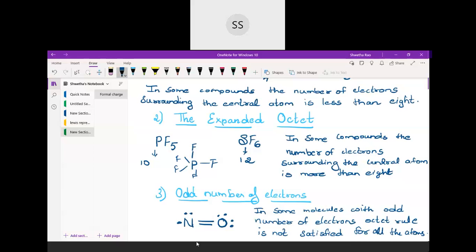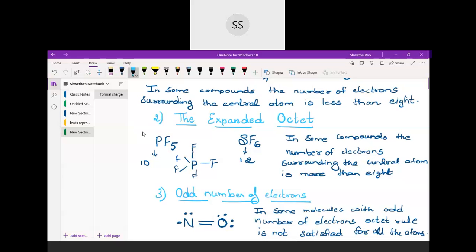Nitrogen was supposed to have 8 electrons in its outermost shell, but when we write this particular structure, we see that there are only 7 electrons. They don't have 8 electrons. And even with the Lewis representation, you can't draw this particular structure. So that is about odd number of electrons.